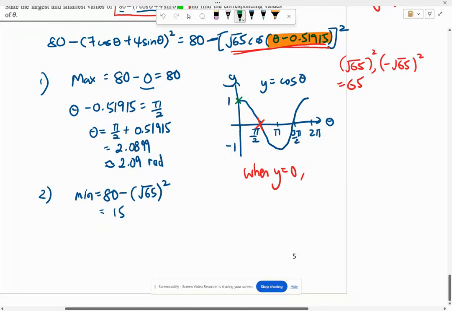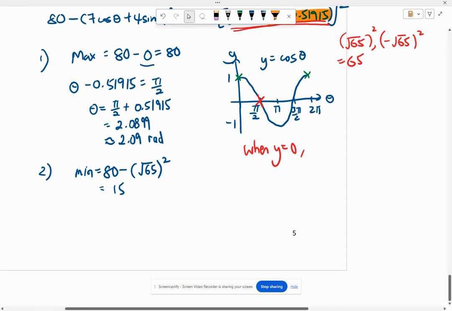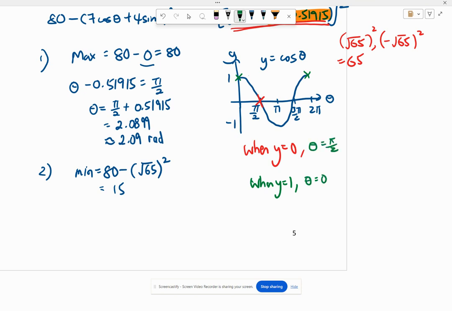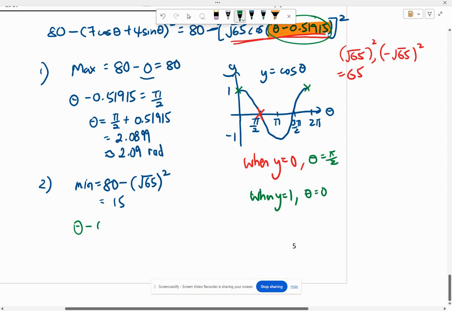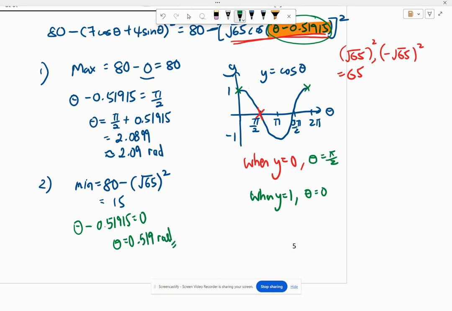Y equals 1 here, and y equals 1 here. Okay, and then I can say when y equals 1, theta equals 0. Right, so this whole angle, and again in orange, is equals to 0.